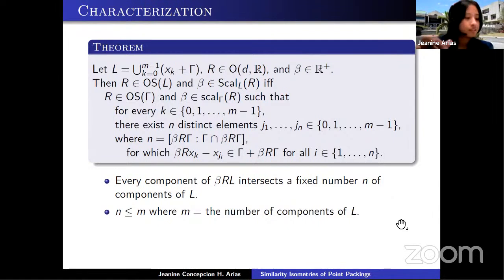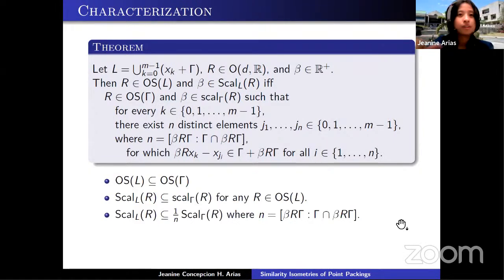So the result implies that OSL, the set of similarity isometries of L, is a subset of the set of similarity isometries of the generating lattice of L, which is gamma. Also, the set of scaling factors with respect to L is contained in small scale gamma.